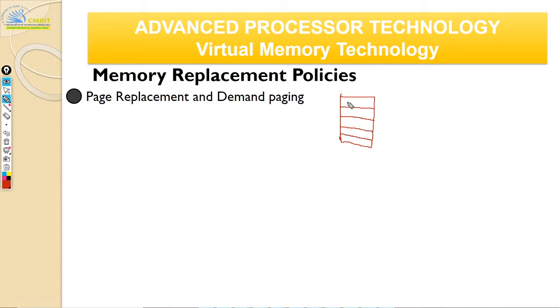Okay, so this is a page frame. So this is page frame 1, page frame 2, and so on. Okay, so this is your primary memory. But your virtual memory is bigger, correct? So you have a larger virtual memory, and here you divide the memory into equal size or fixed size pages. Okay, so this is pages, this is page 1, page 2, and so on.